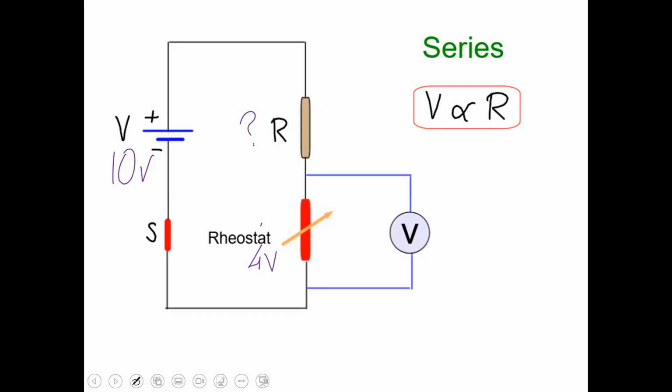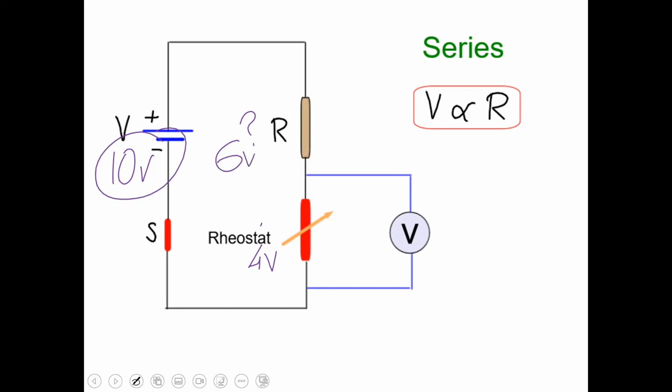How much will this upper resistor get now? Total is 10. So, 6. Good. You should be answering quickly.